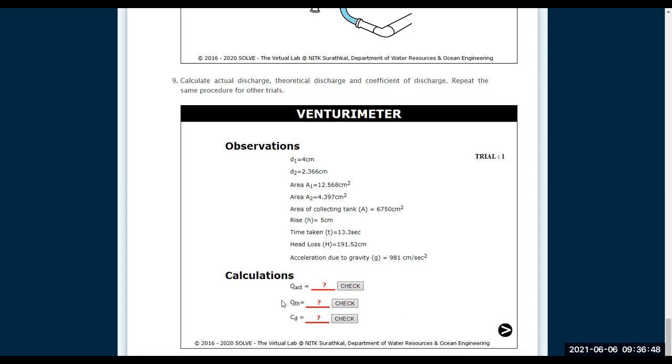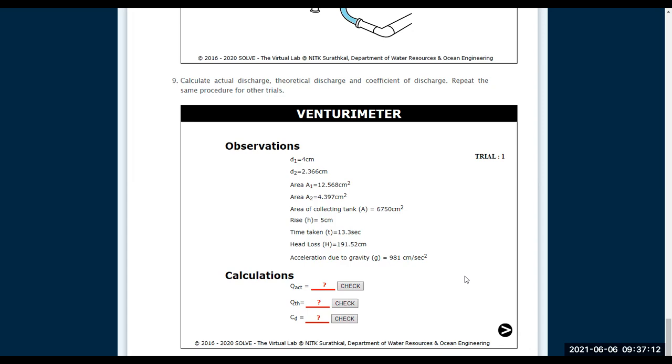Once you get actual discharge and theoretical discharge, Cd is nothing but the ratio of actual discharge to theoretical discharge. So you will get the coefficient of discharge for the first trial. Similarly, for the next trial, you have to vary the discharge, and water will flow through the venturi meter.